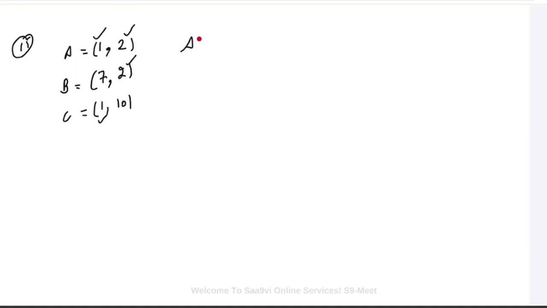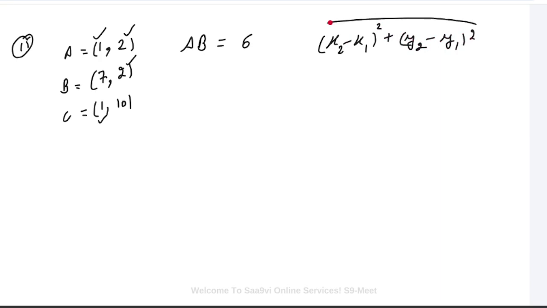If I try to find the length AB by the distance formula, 7 minus 1 is 6, 6 square is 36, plus 0, 36. That means it should be 6, using the distance formula, which says the square root of (x2 minus x1) square plus (y2 minus y1) square. That is the distance formula we are using right now.